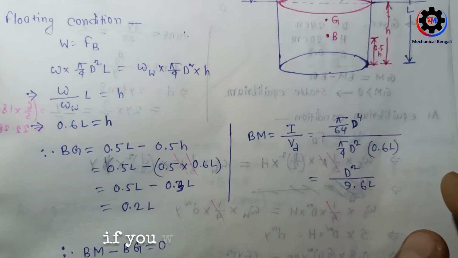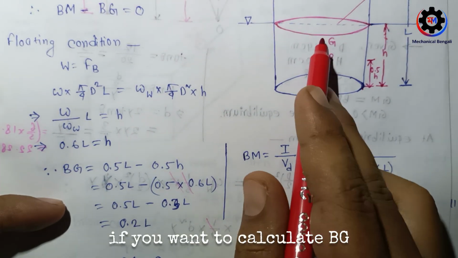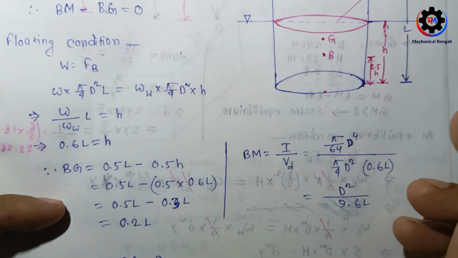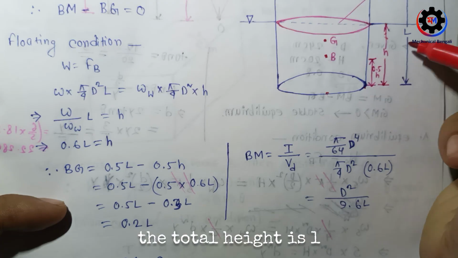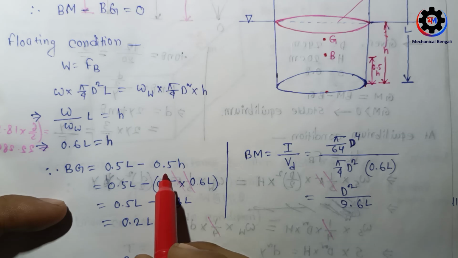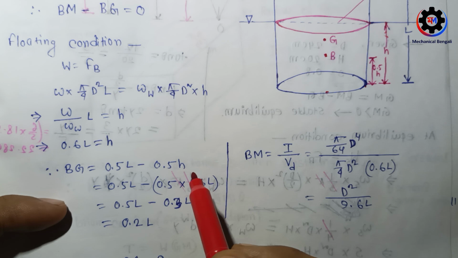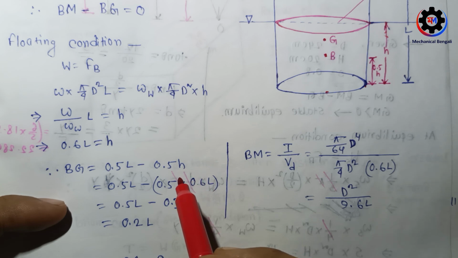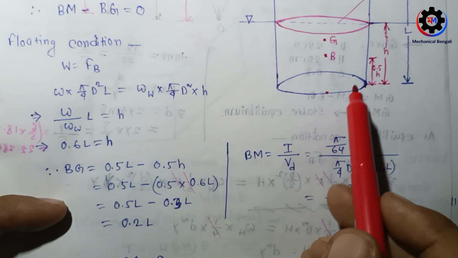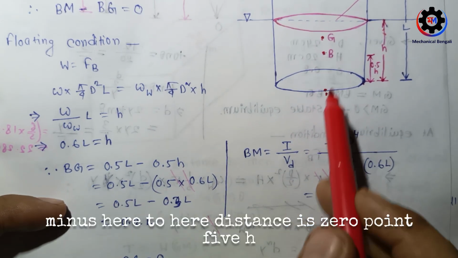Now if you want to calculate BG, that means BG will be, from here to here, the distance is 0.5 L. The total height is L. So BG is 0.5 L minus 0.5 h.